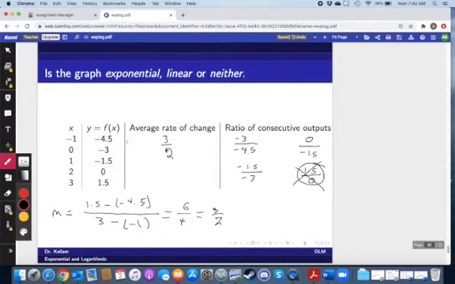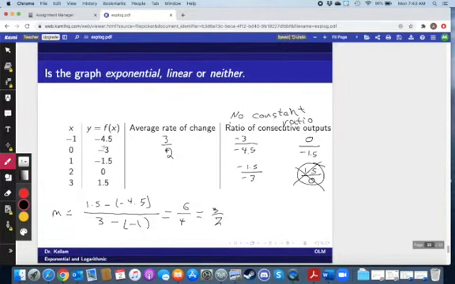But what we notice here, all of these give us a different value. So there is no constant ratio.